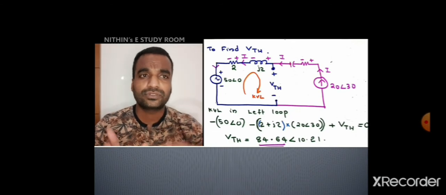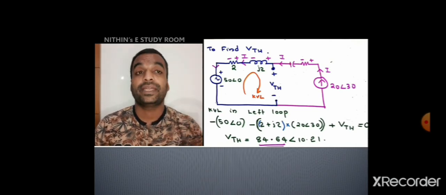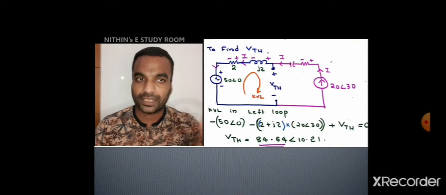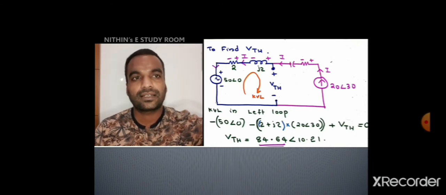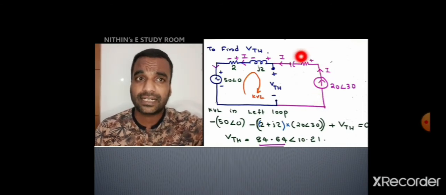If a voltage source and current source are in series, you just take the value of current represented by the current source as the total current. So this current, 20 angle 30, is the value of current coming out from the current source, and this current will pass through the entire circuit.